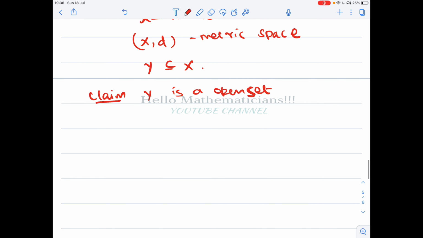Okay, now how to prove that Y is open? You take y belonging to Y, and you have to prove that there is an open set containing this point y, a neighborhood, that is entirely contained in Y. So we have to prove that this y is an interior point of capital Y. So we claim that there exists r greater than 0 such that the ball centered at y with radius r is entirely contained in Y. That is what we want to prove.